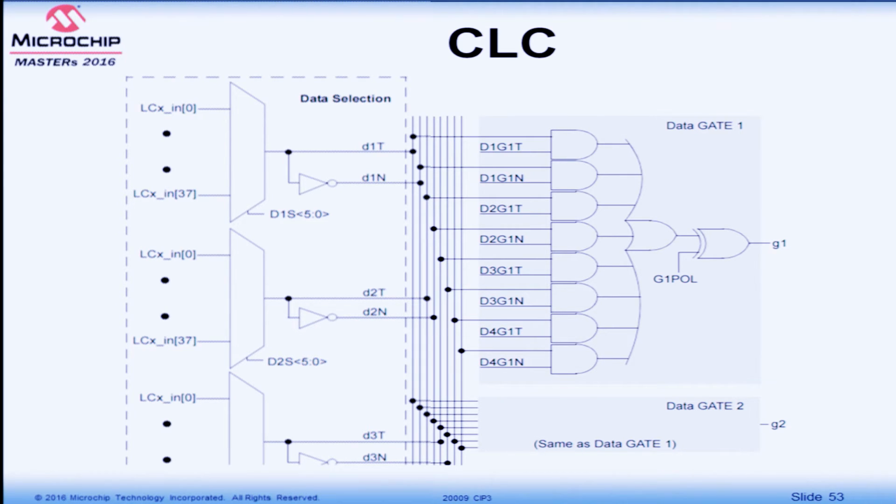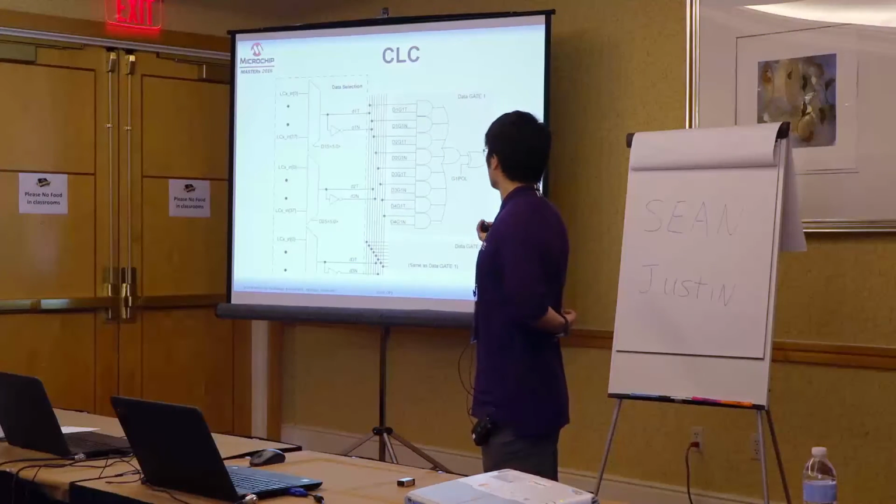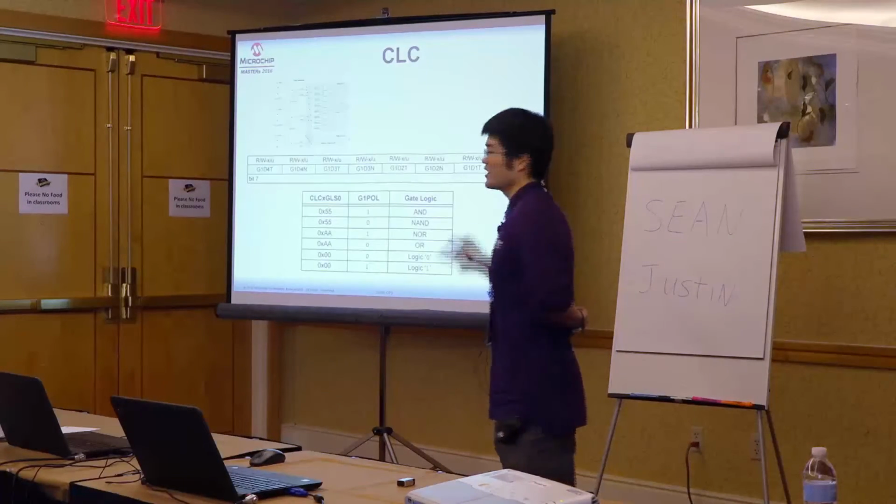By writing those bits, which are mapped to a register, you can choose the signal itself or the negation of the signal itself, right? And those are all ANDed together and ORed, XORed, and get out. This becomes G1, we call it a candidate input to the second stage. So for each CLC, we have 4 of those blocks, which gives us G1 to G4 as the input candidates, right?